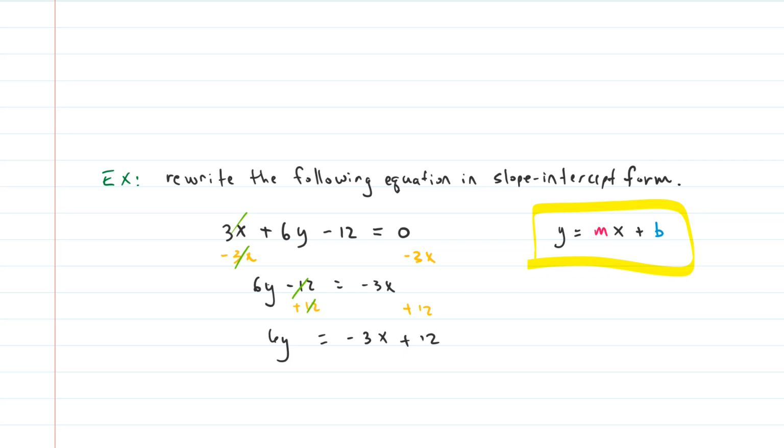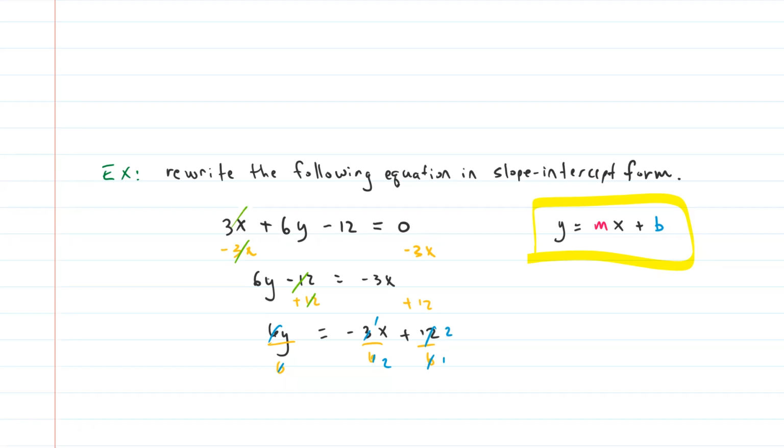One last step. We need to divide by 6 because literally we've got to solve for y. That's what the form says we have to do. And the 6's cancel. The negative 3/6 changes to negative 1/2. And the 12 over 6 changes to 2 over 1, which is just 2.